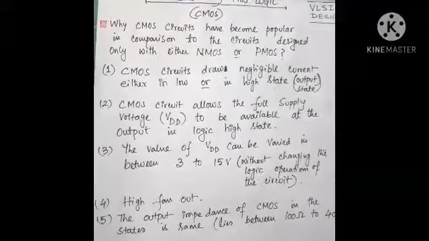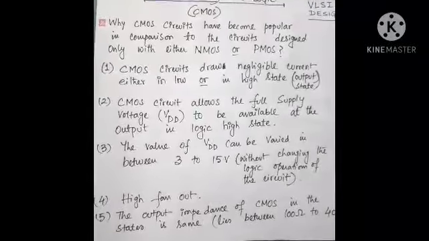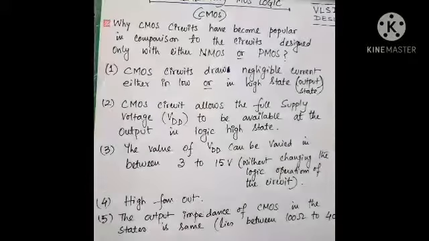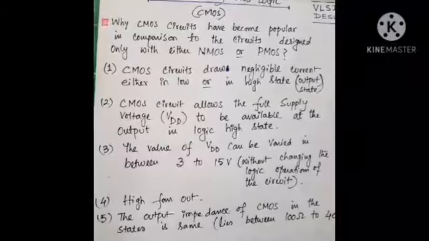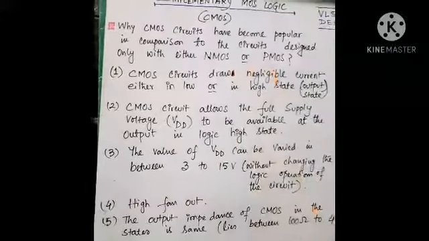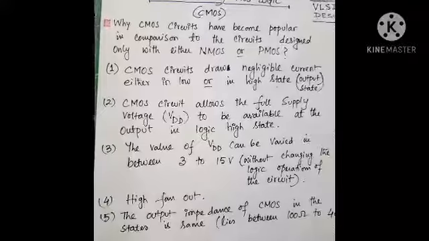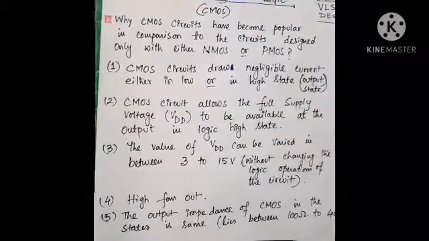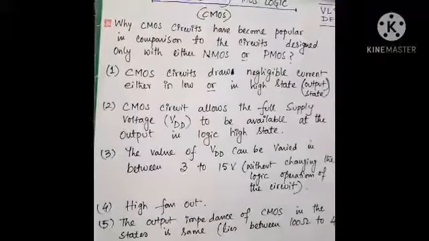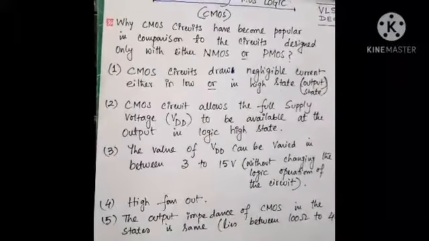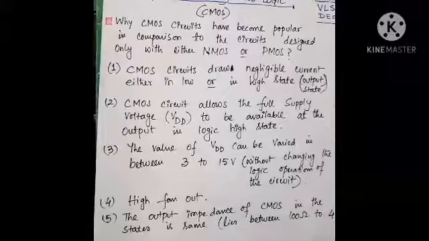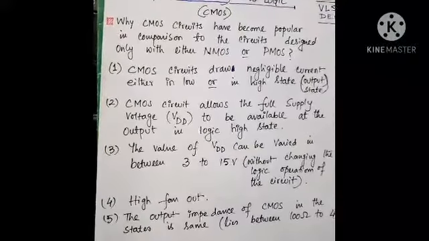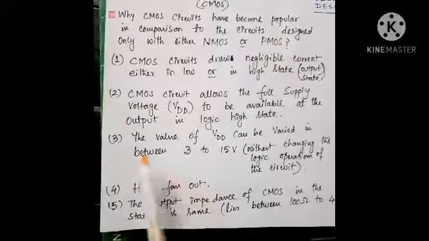Generally, if we use circuits made up of NMOS or PMOS, it is not possible to get the whole of the applied voltage as the output voltage. But in CMOS, we get approximately the whole of the bias voltage VDD as the output voltage.